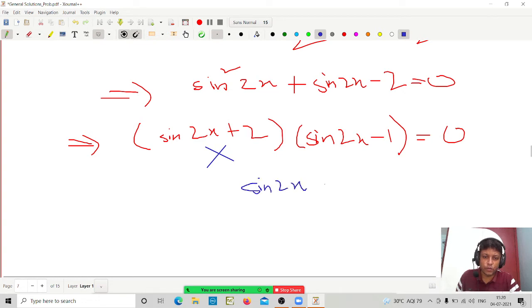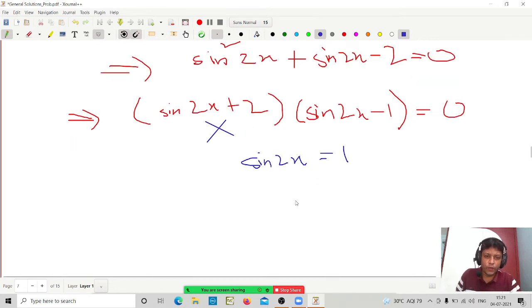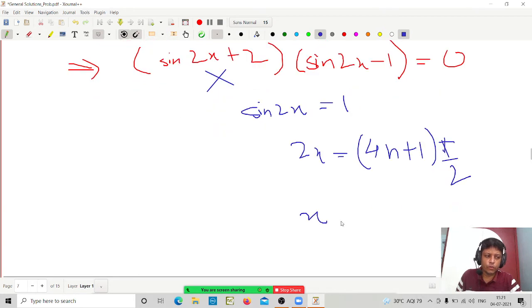So sine 2x equals 1. From the general solution formula, 2x equals (4n plus 1) times pi by 2, and finally x equals (4n plus 1) times pi by 4.